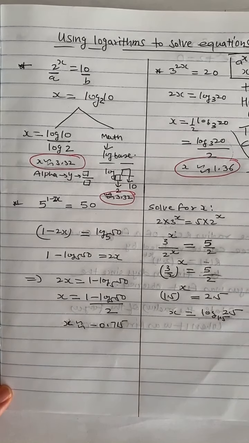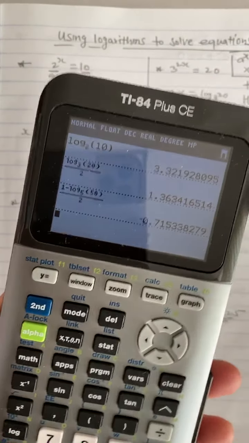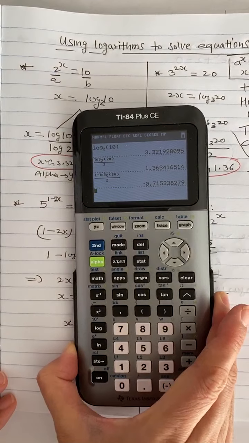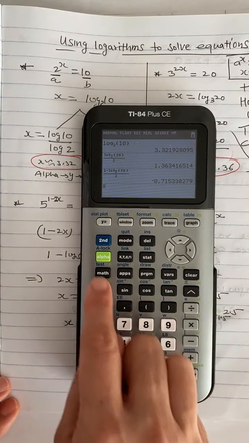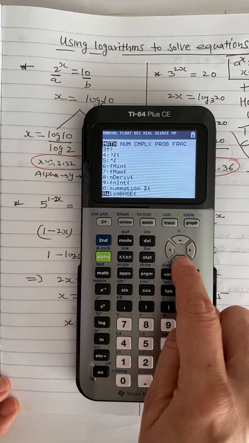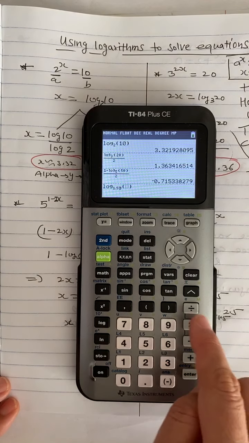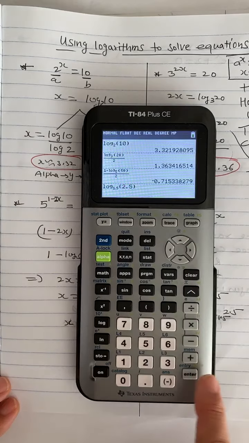Now we know how to use the calculator. We don't have to use any fractions here. So again, you will go to math and then log base, and your base is 1.5 and then you have 2.5, and enter.